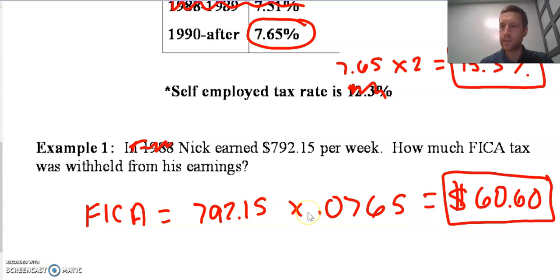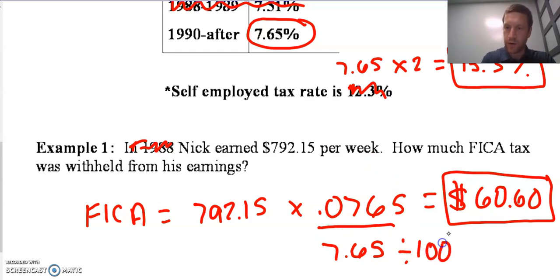I calculate that comes out to $60.60, and it was 60.599, so we'll round that up to 60 cents. Again, this 0.0765 is the 7.65% divided by 100, or you can move the decimal two spots. So that's how I get that number there.